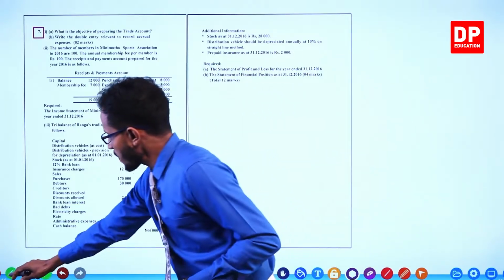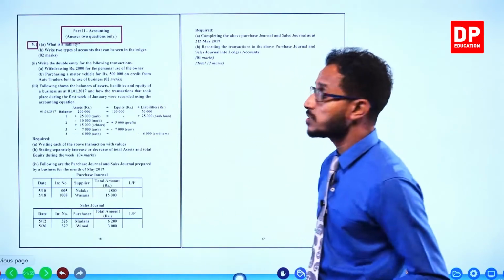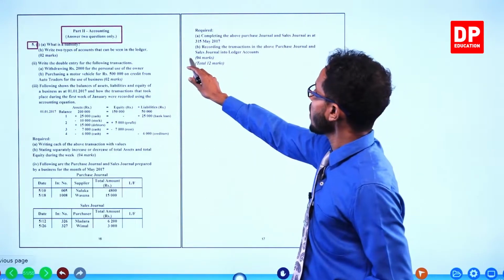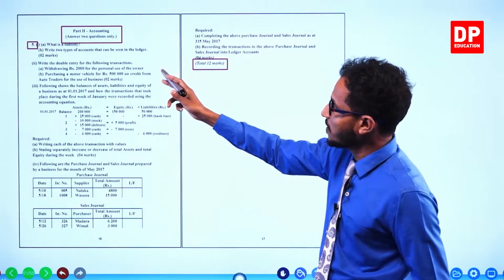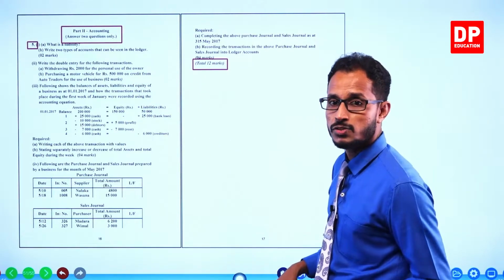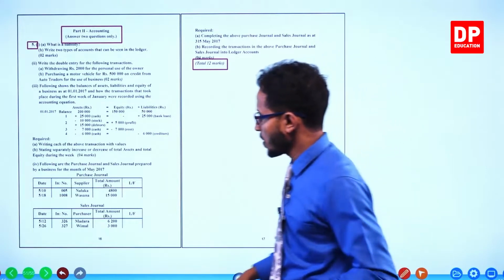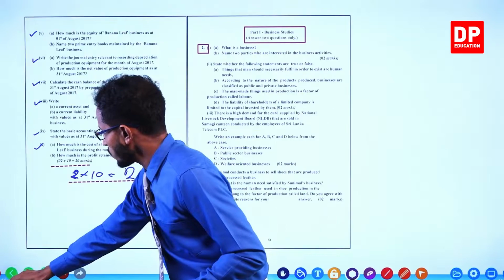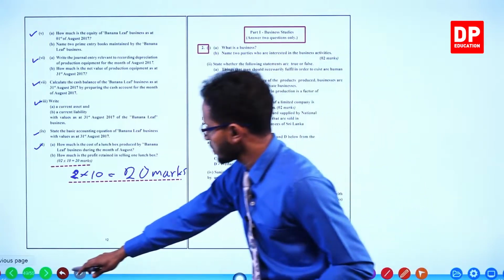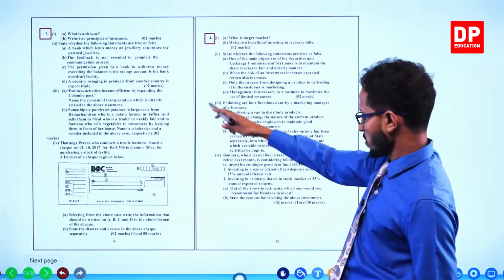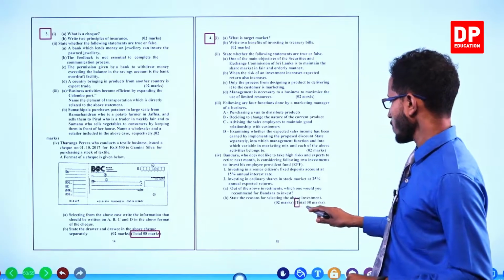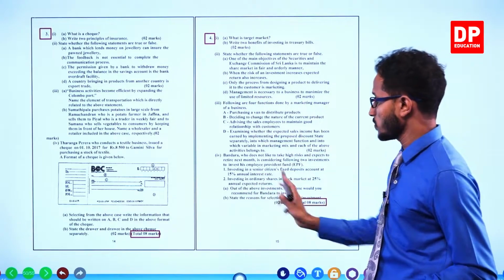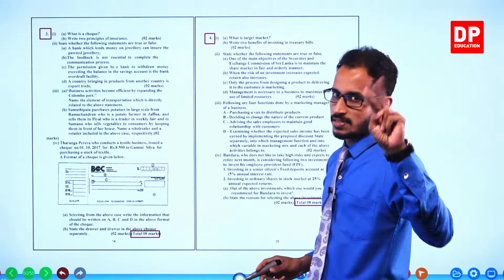Likewise, children, for the accounting part, for each question you get 12 marks. That's a great thing. So for 2 questions, 24. But for BS, for 1 question, you get 8 marks only. For the BS part, 2 questions, 8 plus 8, 16.